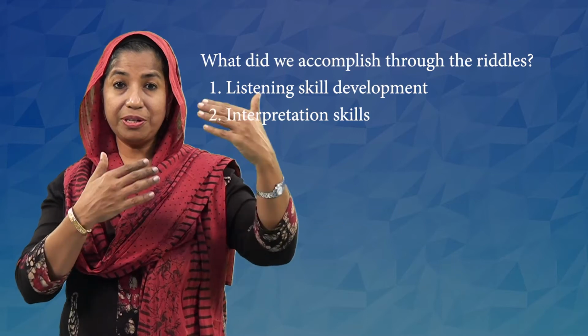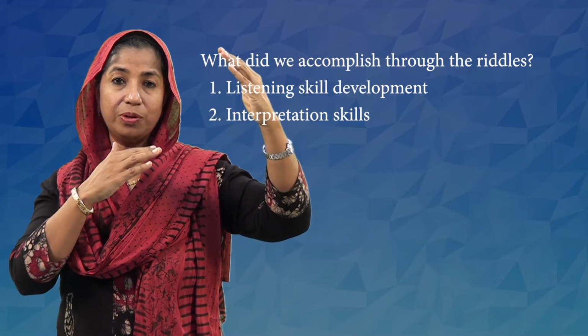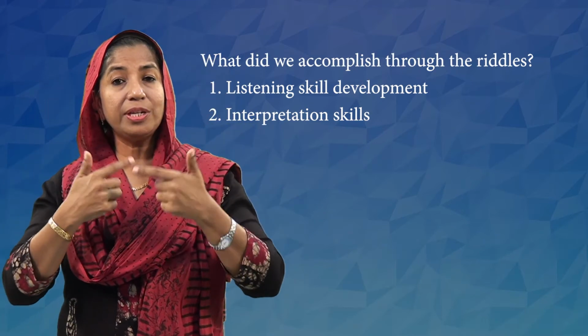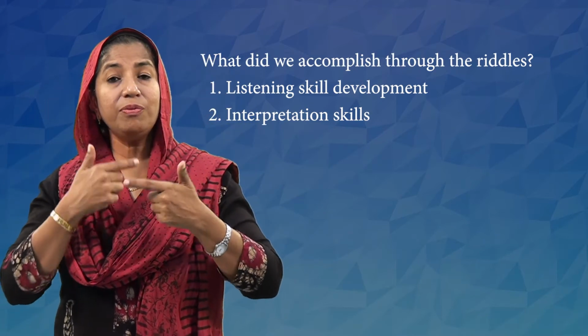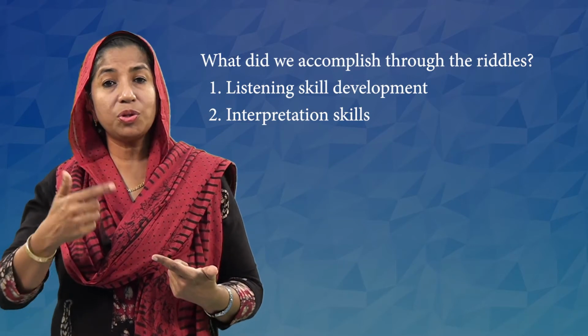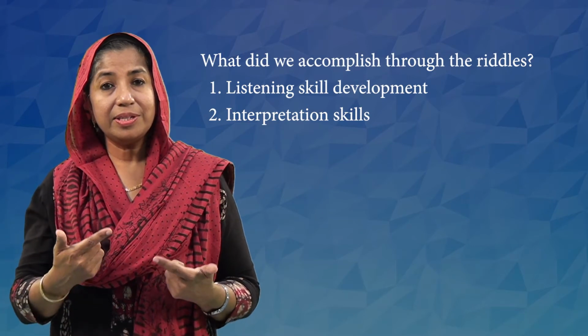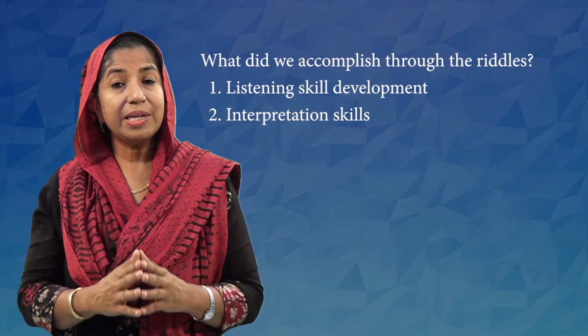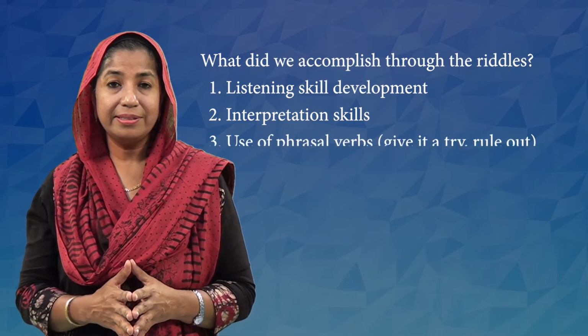A second skill we have worked upon is the interpretation skills of the child. As we mentioned previously, listening to the key words, he processes that information and he interprets what he has heard or the information he has gained in his own way. This is the skill of interpretation. This is something that we developed through the riddles.